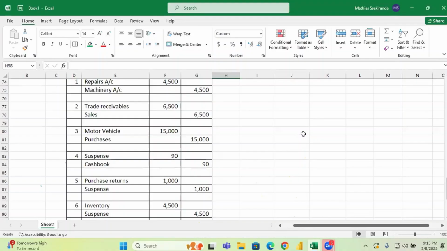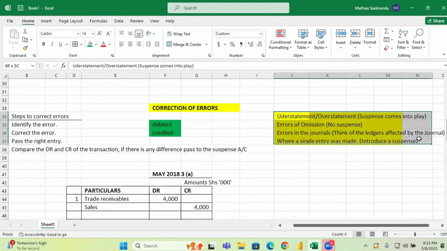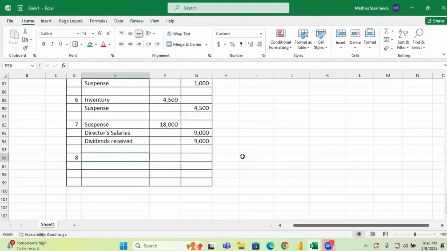But where the errors fall under these categories, just correct, then automatically suspense. Then for omission, you have to make sure that you pass it the way it was supposed to be passed initially. Any question on note number 7?